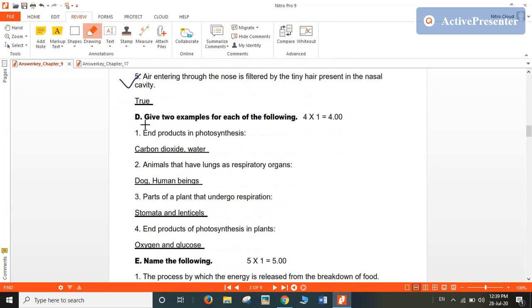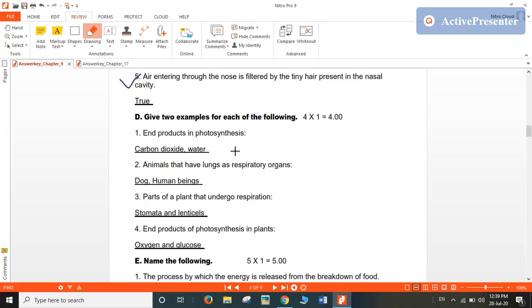Now the next exercise is give two examples for each of the following. The first question is the end products in photosynthesis. In photosynthesis plants use carbon dioxide, water and sunlight and also chlorophyll.